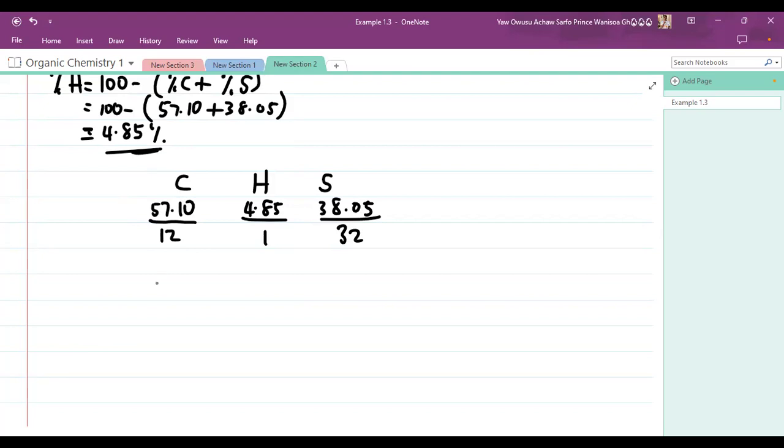So 57.10 over 12 gives 4.76, hydrogen gives 4.85, and sulfur gives 1.19. Then we divide through by the lowest, which is 1.19.